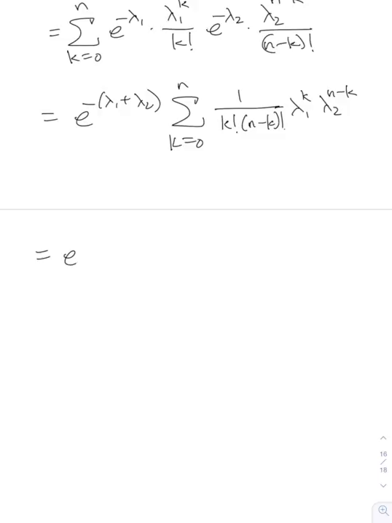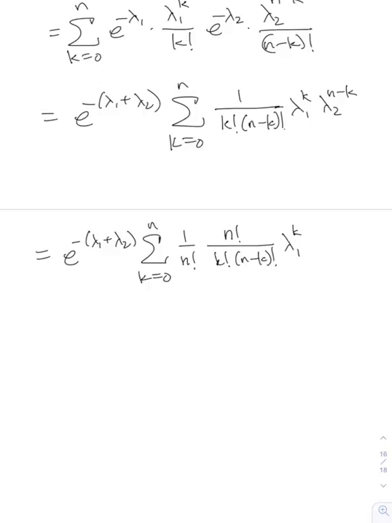So e to the negative lambda 1 plus lambda 2 times the sum as k goes from 0 to n of 1 over n factorial times n factorial over k factorial n minus k factorial, lambda 1 to the k, lambda 2 to the n minus k.